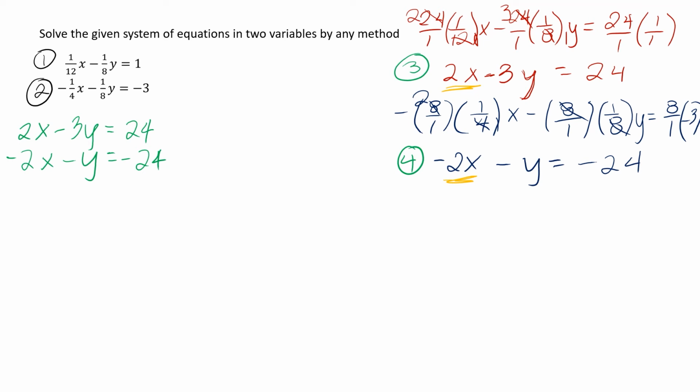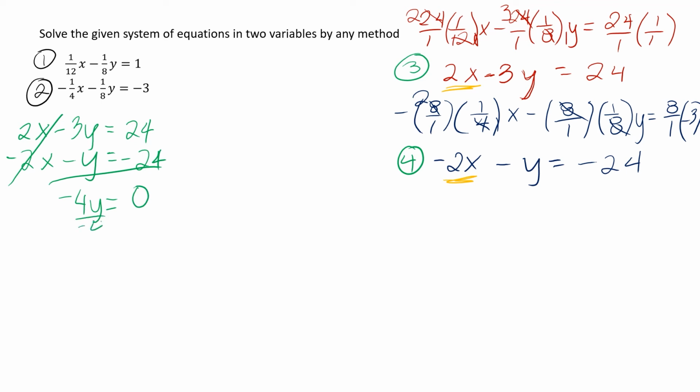I already have 3 and 4 over here. Now I'm going to cancel out my 2x with my negative 2x. I'm going to add, so I get negative 3y minus y, which is negative 4y. 24 minus 24, I get 0.